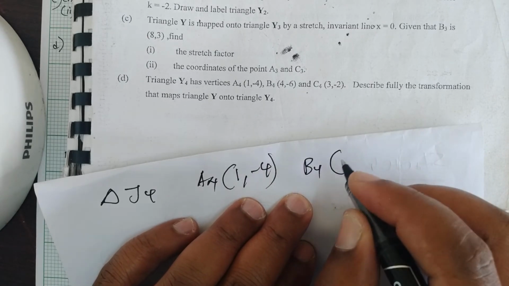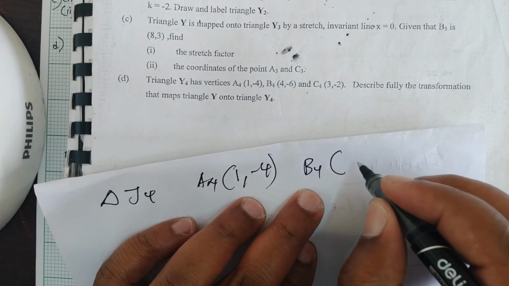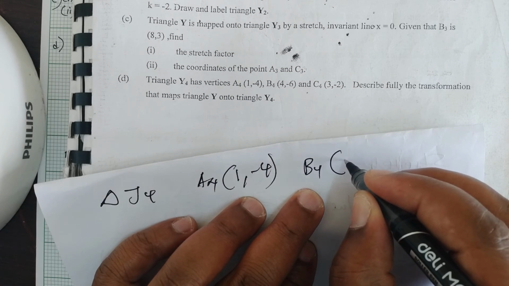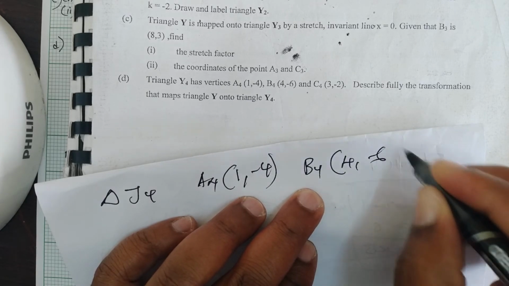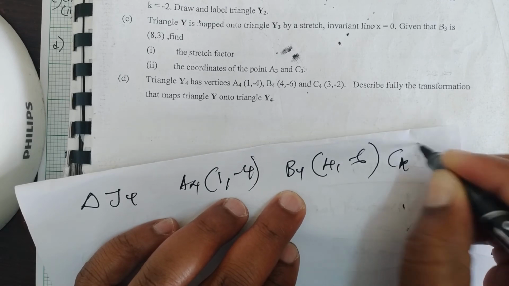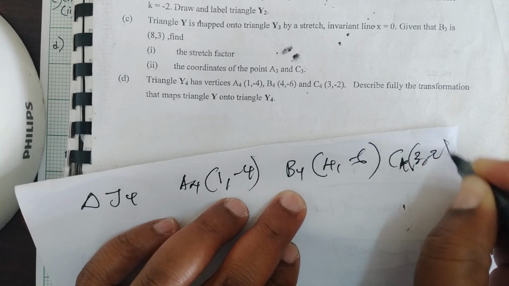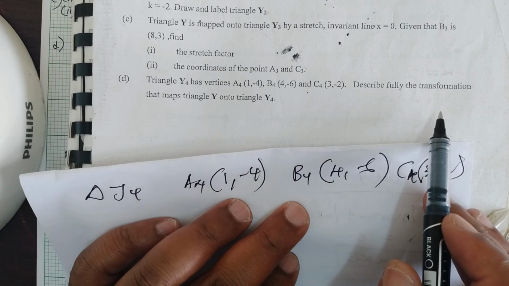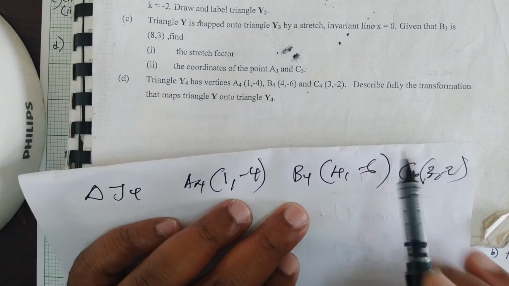B4 is 4 comma negative 6. C4 is 3 comma negative 2. The question is, describe fully the single transformation that maps Y onto Y4.